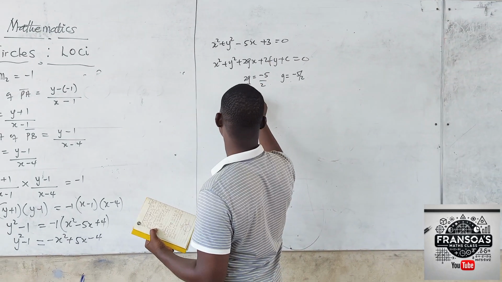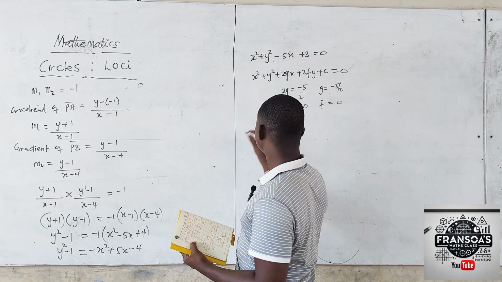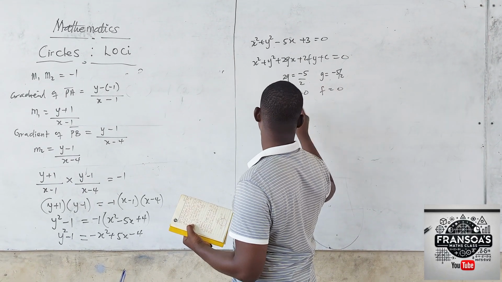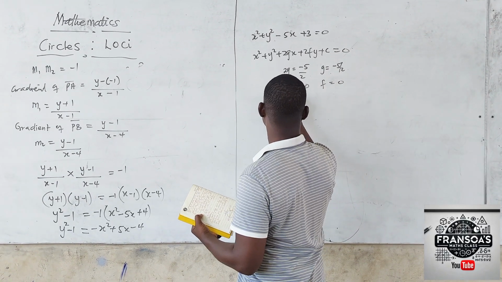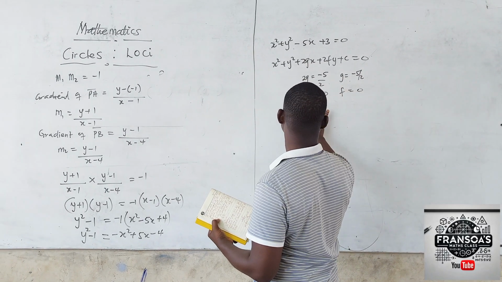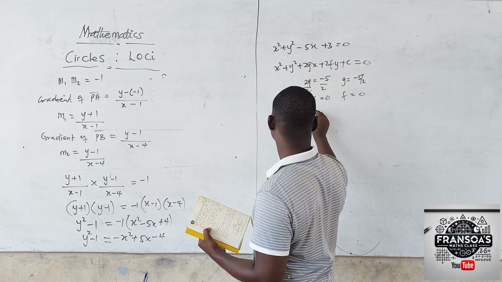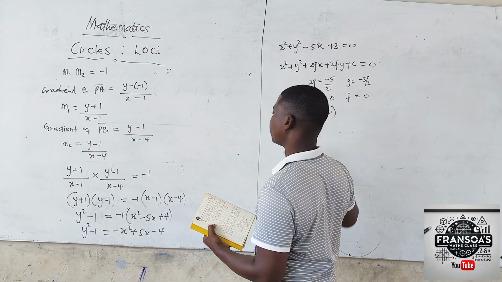And 2f equals 0, so f is 0. So our center, which is negative g, negative f, becomes (5/2, 0).